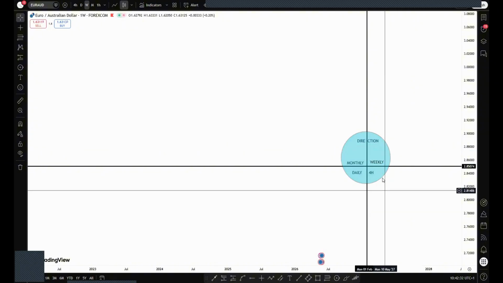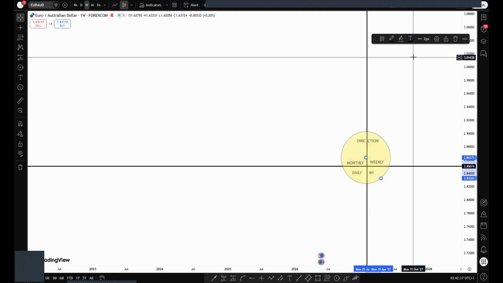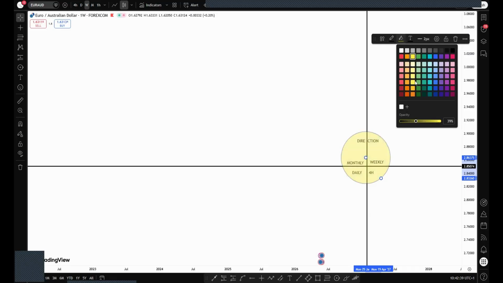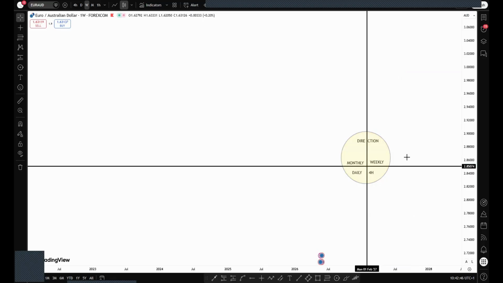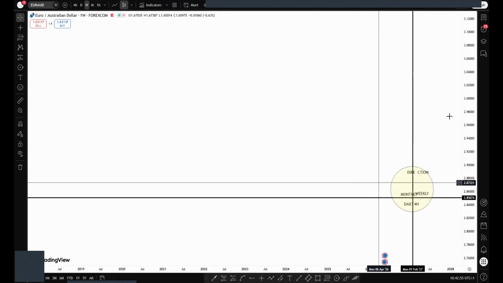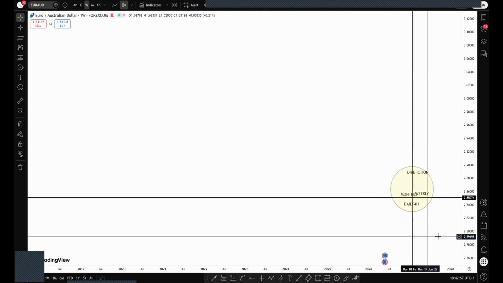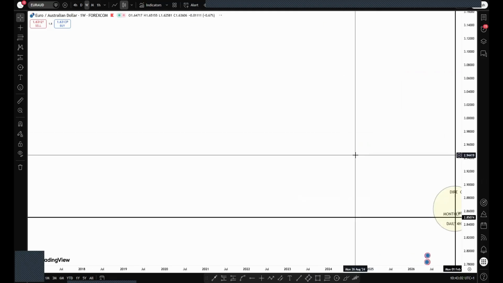Direction is determined by the 4 hour, weekly, daily, and monthly. This is the monthly side, this is the weekly, this is the daily, and this is the 4 hour. So direction is usually just where the price wants to go, right?